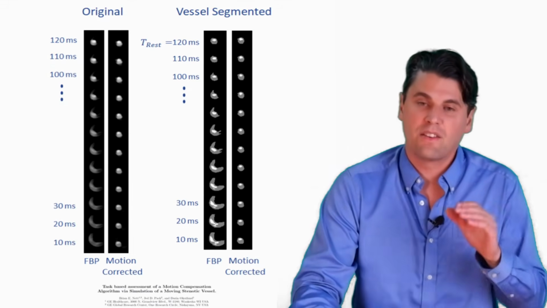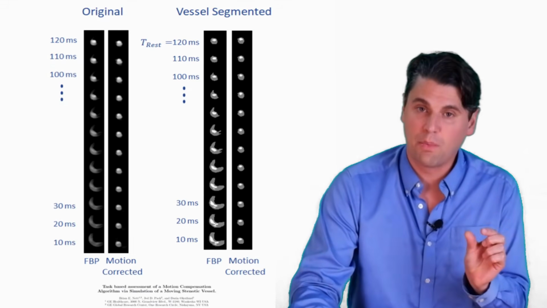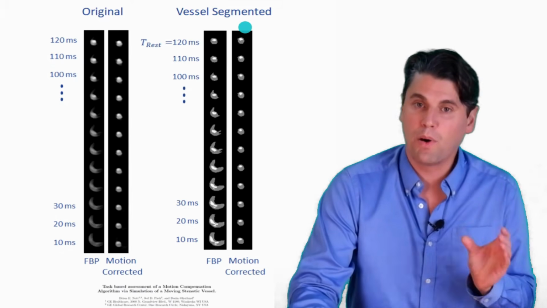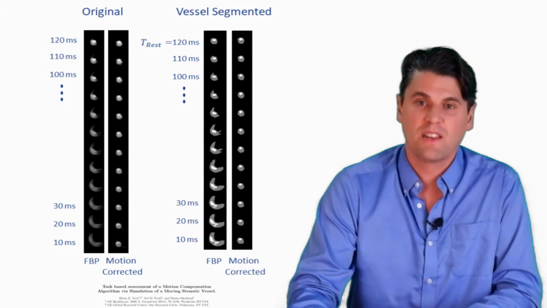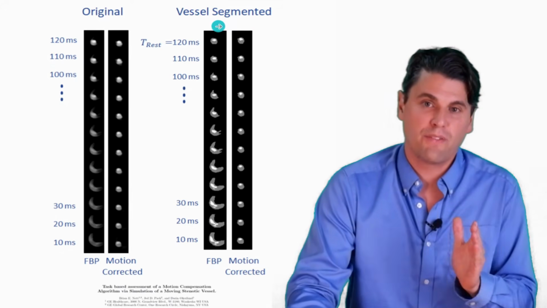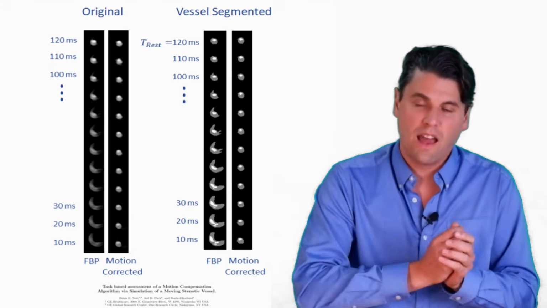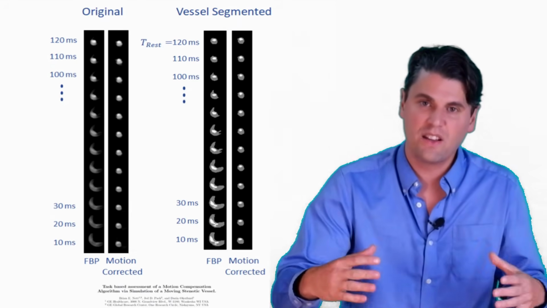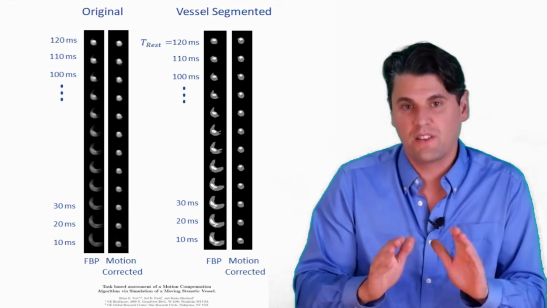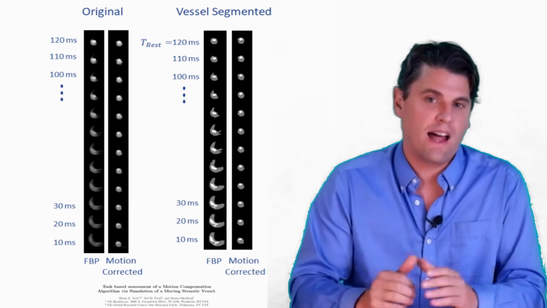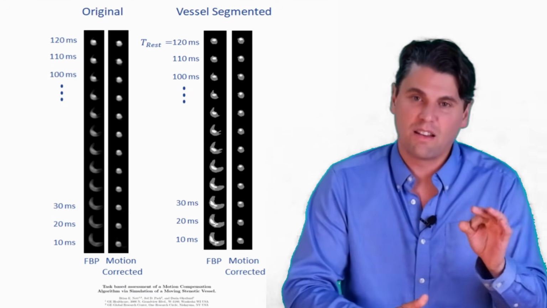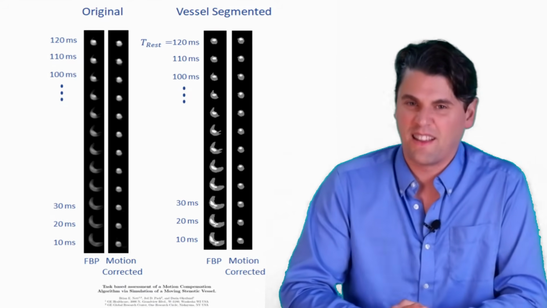So you can see that as your resting period gets smaller, there's going to be more and more motion blur occurring in the images. And if you do just straight filtered back projection, the object really gets spread out significantly, such that it's really tough to differentiate how much of that object is actually the calcification versus how much of that object is actually the vessel.